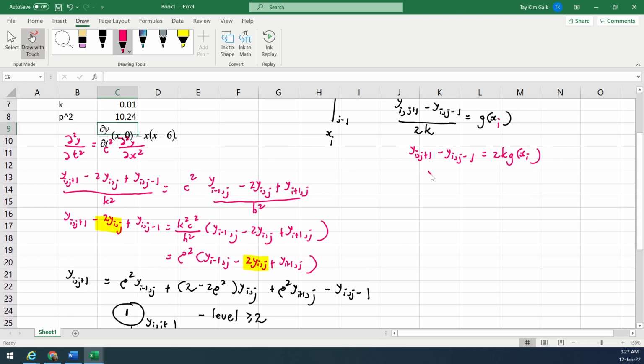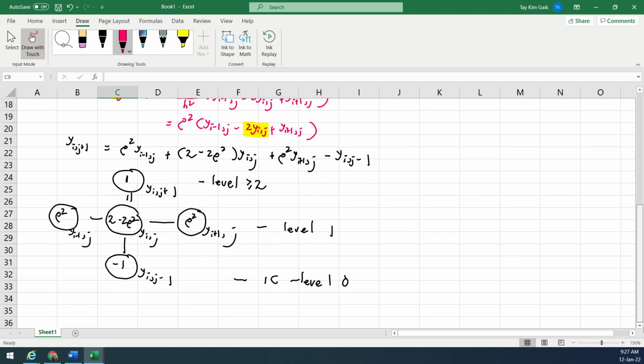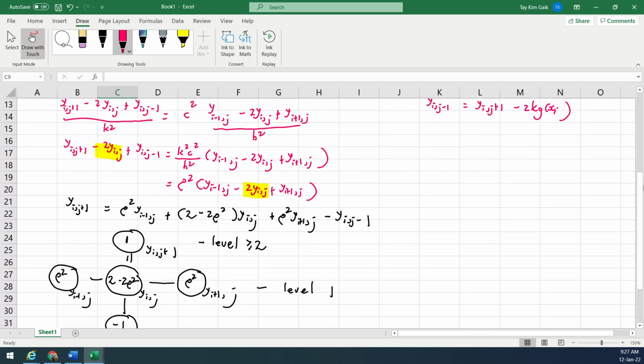So that's why yi j minus 1 equals yi j plus 1 minus 2k g xi. So we plug this into here.